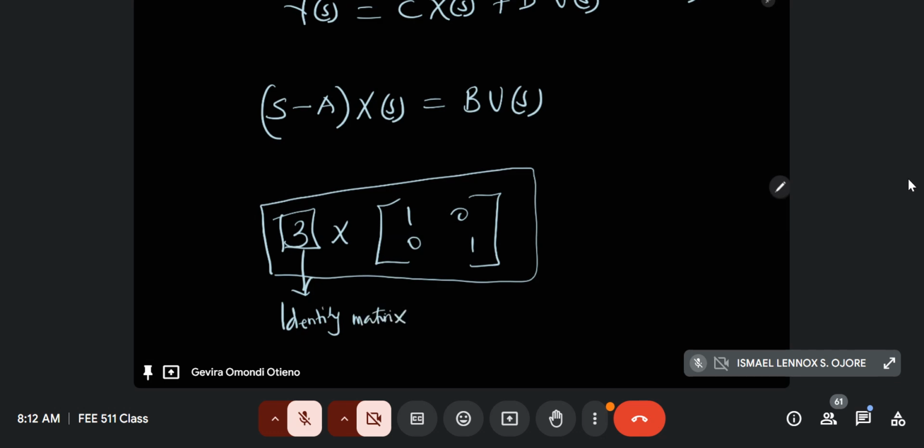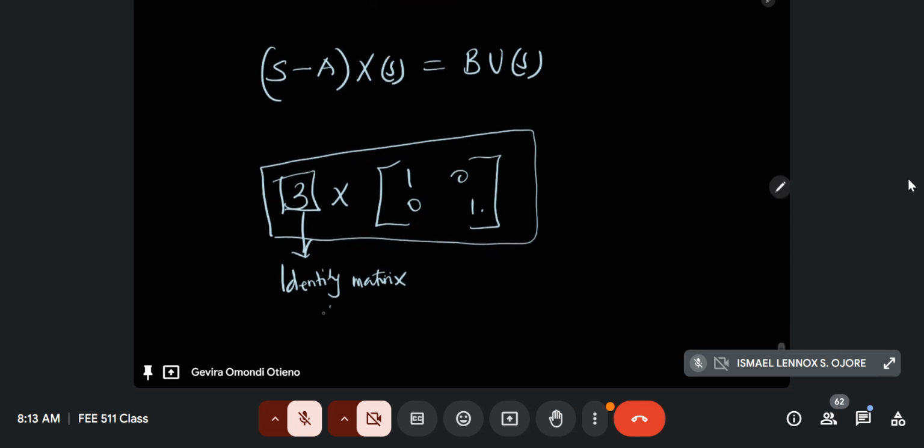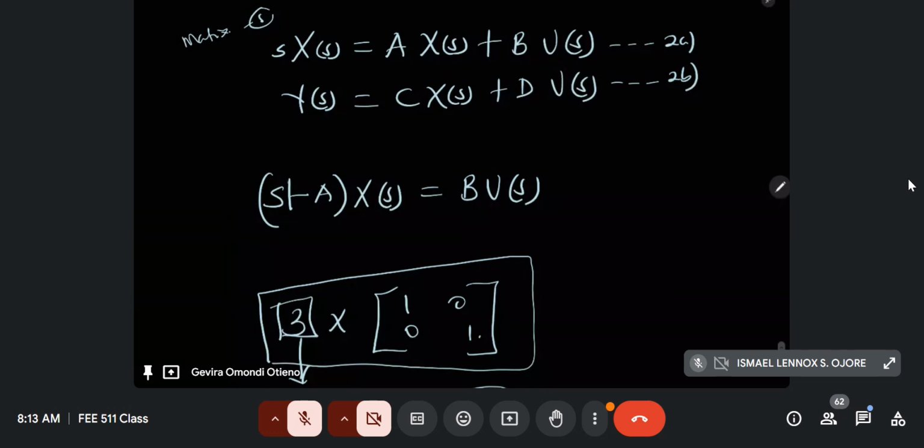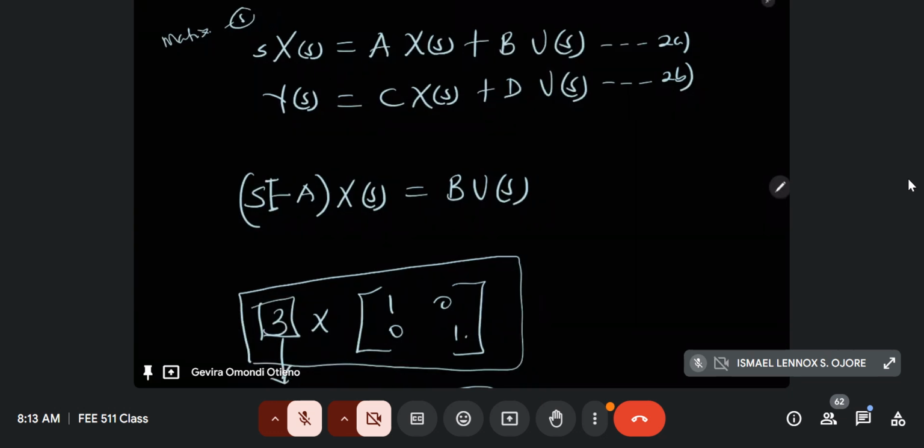And the dimensions of that identity matrix will depend on the dimensions of the matrix you're multiplying it with. In this case, it's a 2 by 2. So we multiply this by an identity matrix, which again we must know, which is 1, 0, 0, 1, so that it now becomes 3, 0, 0, 3. See? So that's why this term here must be multiplied by an identity matrix. Okay, I hope that's clear.